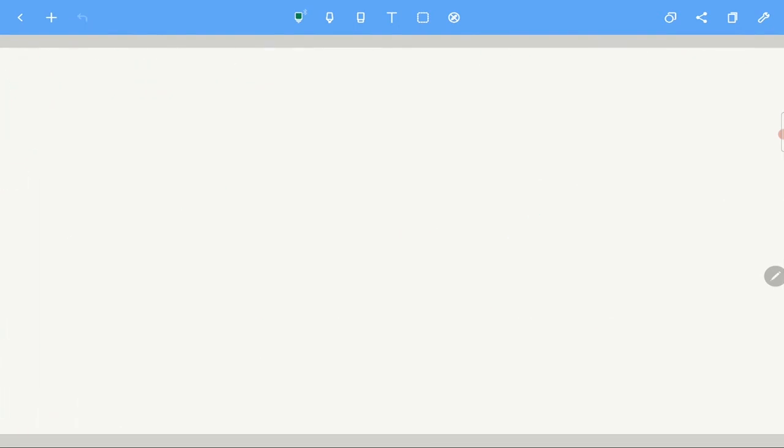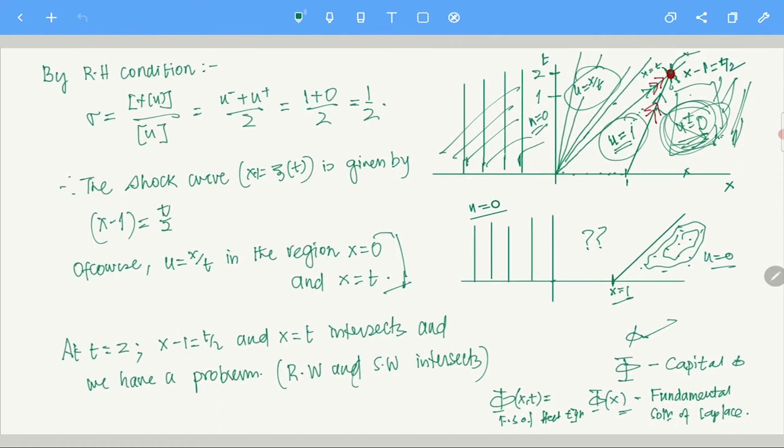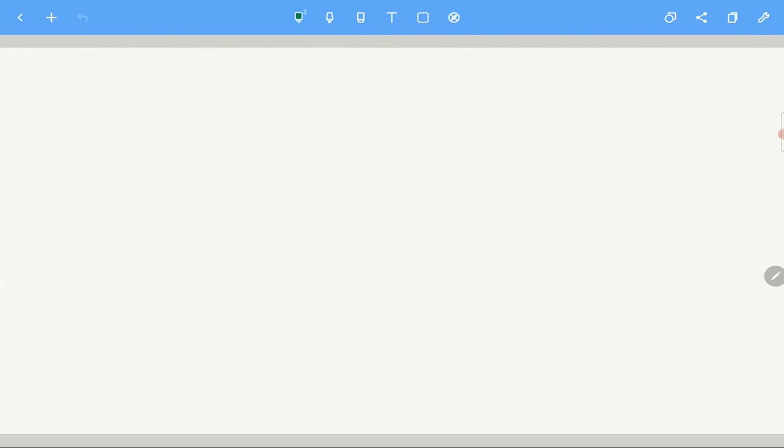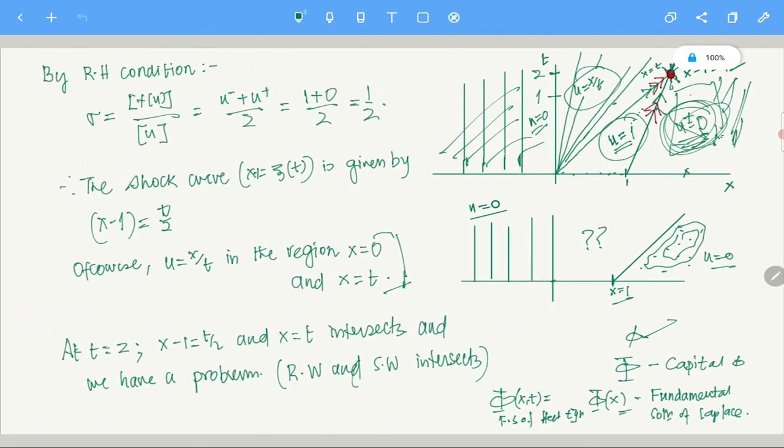So I have to draw another curve. So basically by the Rankine-Hugoniot condition, I will start with another curve which starts from this point. You understand what I am trying to say? Since it intersects here, I will start with another curve, okay. The point is given by 2, 2, t equals 2, x equals 2, this point, okay.